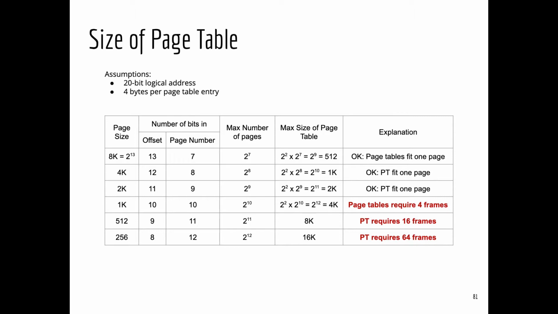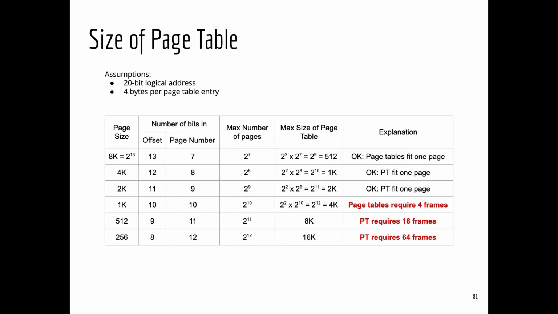Besides storing the frame numbers needed for address translation by the MMU, each entry in the page table stores other information such as memory protection, access mode, frequency of references, and other flags. For our discussion, we will assume that all this information can be packed into a 4-byte data structure.